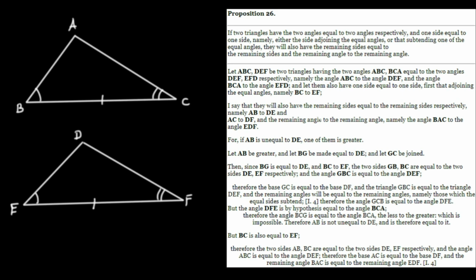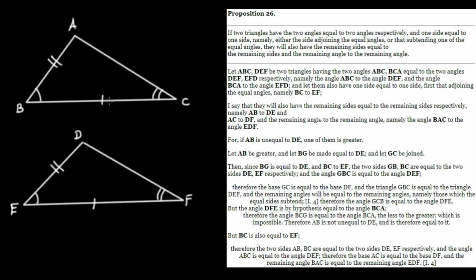Hence, we can go back near the beginning of our argument, and this is what we've learned so far. We've learned that AB is equal to DE, because the negation leads to absurdity. And BC is also equal to EF. That was part of the given. Therefore, the two sides AB and BC are equal to the two sides DE and EF respectively, and the angle ABC is equal to angle DEF. Notice we have side angle side, side angle side.